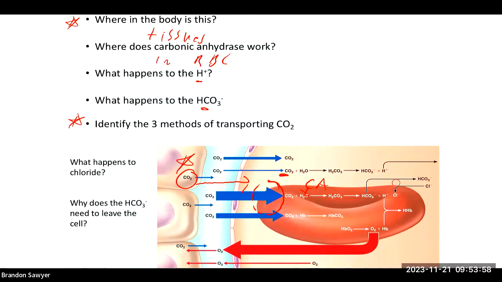One of the potential problems of this: we're getting CO2 in the cell, it combines with water via carbonic anhydrase, turns into carbonic acid for just a second, and then it can dissociate into bicarbonate and hydrogen. The hydrogen could potentially be a problem. If we build up a bunch of hydrogen, this could be an issue, but hemoglobin is a buffer. Most of our proteins are buffers. So the hydrogen can just bind right to the hemoglobin, and then it holds on to it. And look what happens too.